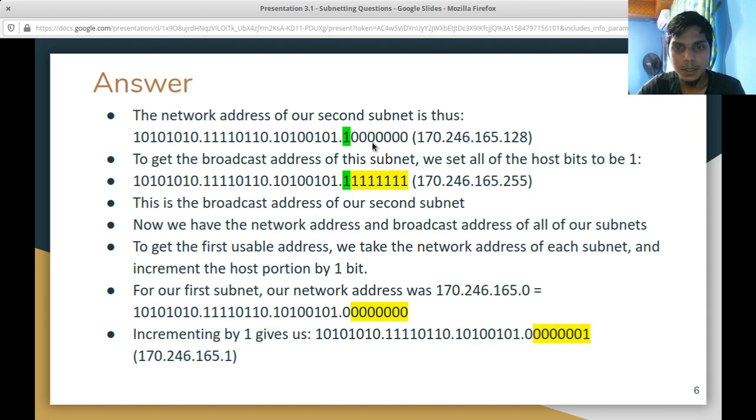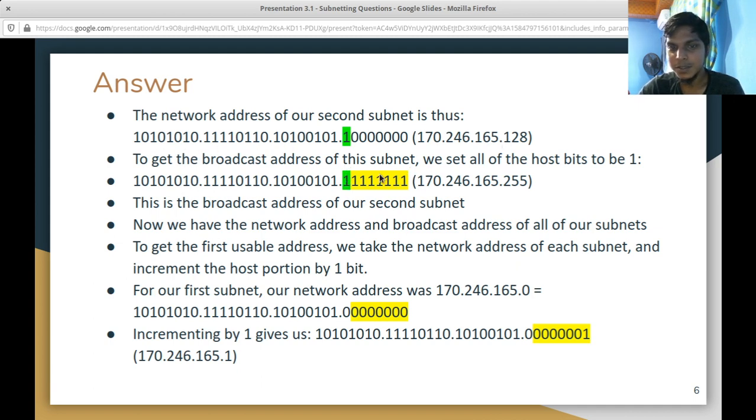So converting this into decimal gives us this, and to get the broadcast address of this second subnet, we set all the host bits to be 1, just as we did in the last subnet. So in this case, we have the borrowed bit as 1 here, and we're setting all of these to be 1 as well. So we're not touching this, we're incrementing this to get the network address, which is what we have here.